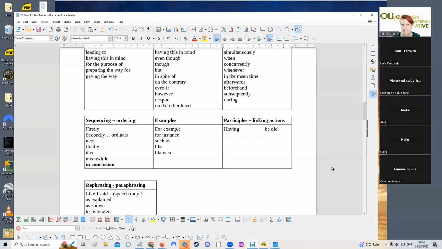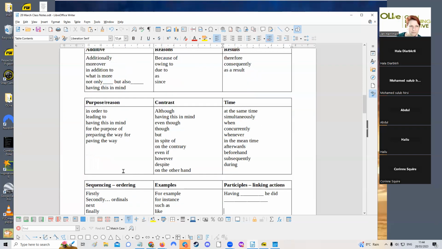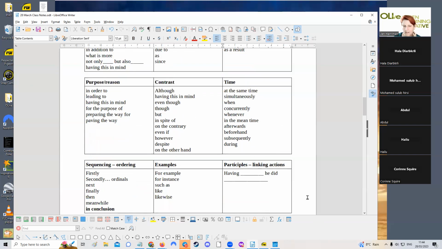One example could be, I'm not sure if it's the same kind of thing, only if. Like, only if it rains will the picnic be cancelled.